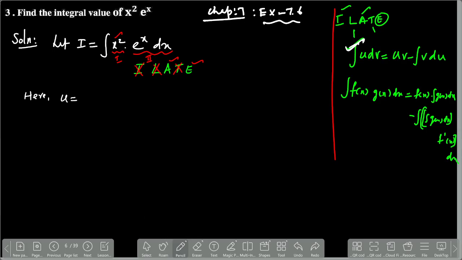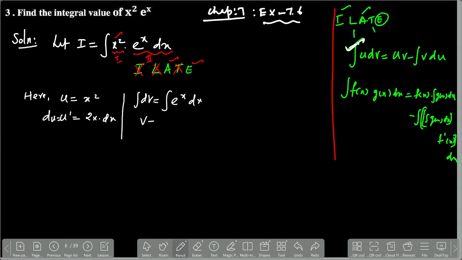U, the first function, u equal to x square, and du equal to 2x dx. Correct or not? And then integral dv equal to the remaining, e power x dx. What is the integral of e power x? E power x.